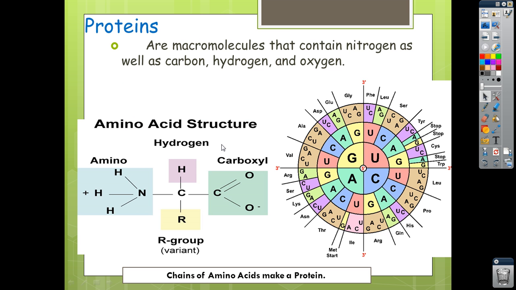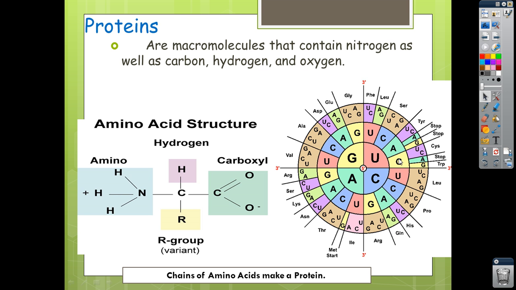Okay? All right, now this wheel right here tells us about the structure of using those nucleic acids, 3 in conjunction, which we call a codon, to make an amino acid.